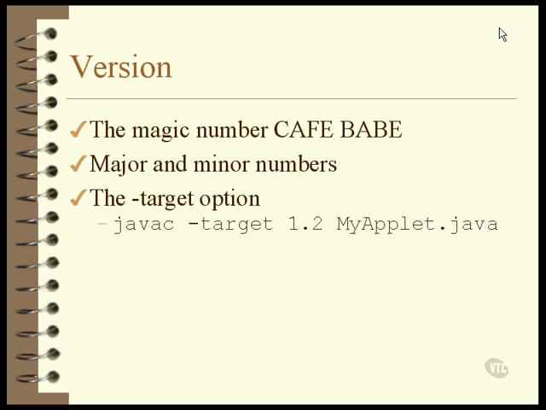Actually, 1.2 is a pretty good version to choose because you have virtually every web browser that is capable of running Java with version 1.2 or later installed. Also, version 1.2 is the first of the Java 2 series, so it has most of the capabilities of the newest versions of Java. The only thing missing is some of the more advanced classes, and the odds are very good that you're not using any of those anyway.